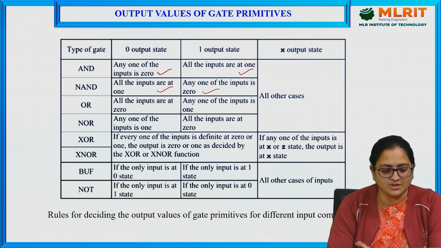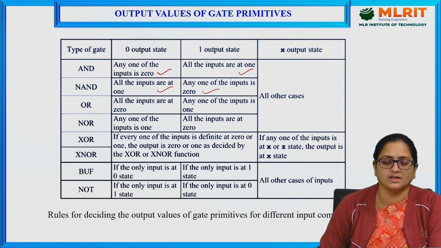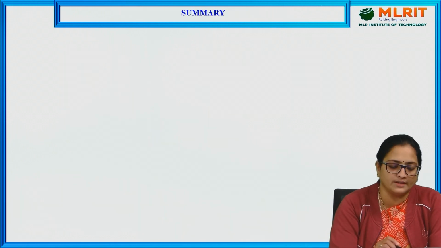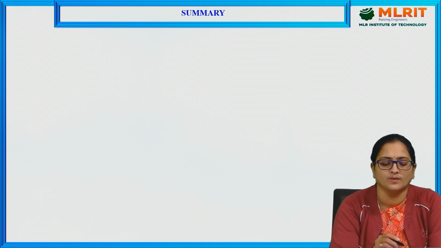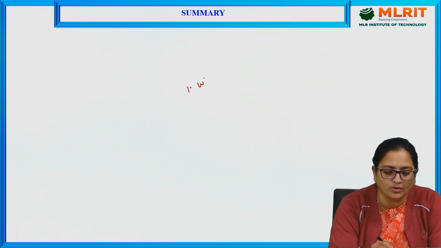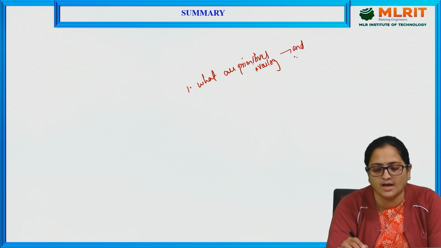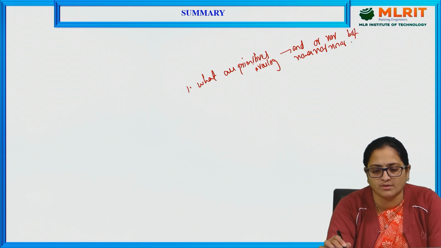The same explanation has been given with these gate primitives in this table. So here in this video, we learned what primitives are available in Verilog code, and the primitives are AND, NAND, OR, NOR, XOR, XNOR, buffer and NOT.